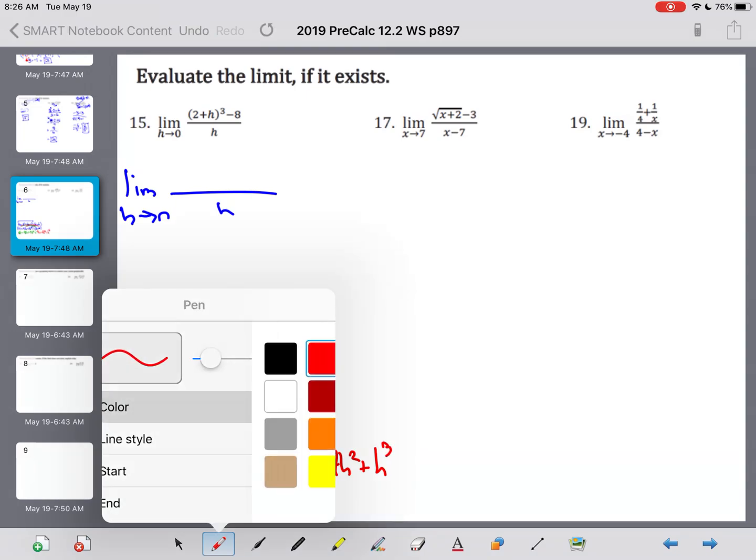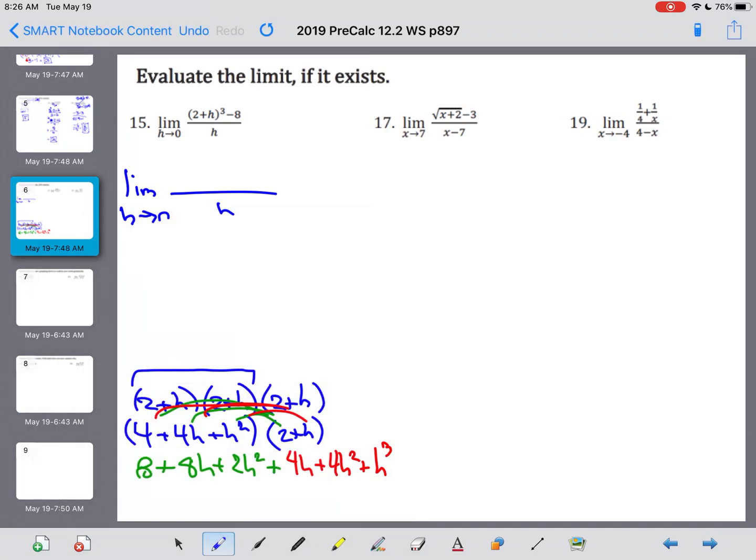And then all together, I'm going to write this in descending order. I get h cubed. That's gone. I get plus 6h squared. These guys are gone. I get plus 12h. These guys are gone. And I get plus 8. So I get that.